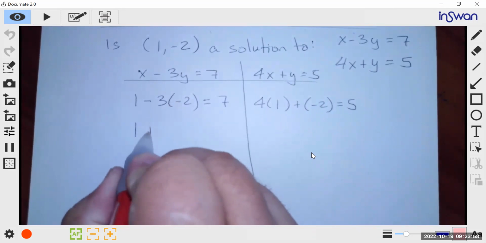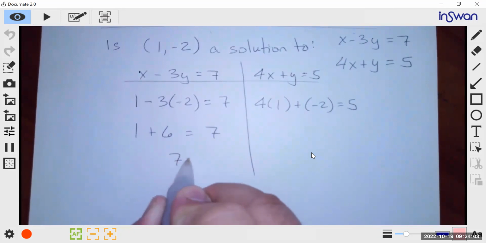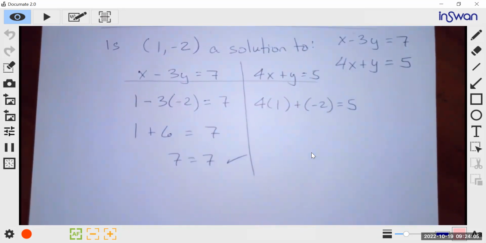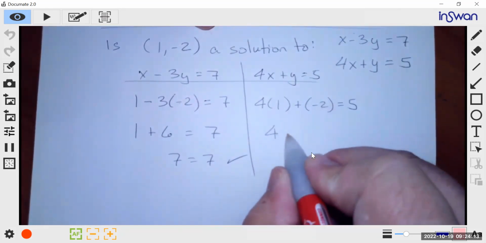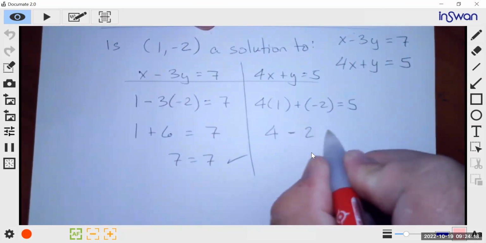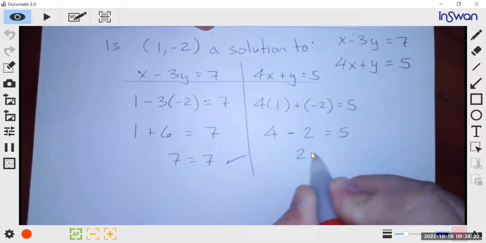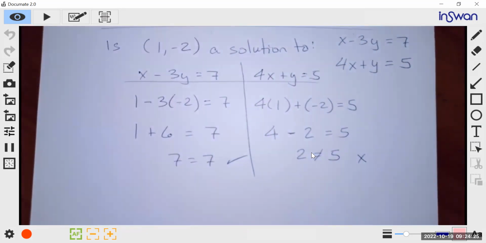Negative times negative is a positive. 3 times 2 is 6. 1 plus 6 is 7. So that one works. Four times 1 is 4. Positive times negative is a negative 2. 4 minus 2 is 2. So no, (1, -2) is not a solution to that system because they both don't work.